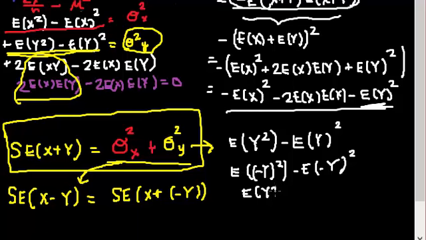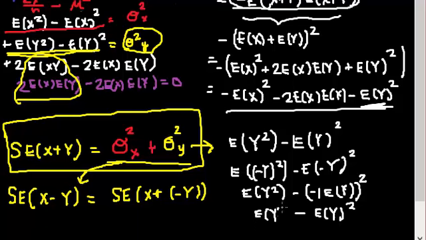Now what's a bit harder to prove is this: because the negative is a constant, that's -1, it does come out of the expected value, but don't forget that this entire thing is squared, and hence the -1 becomes +1, and then we still end up with the expected value of y squared. And just copy the one in front, isn't this the same thing as sigma y squared? It's the same thing.